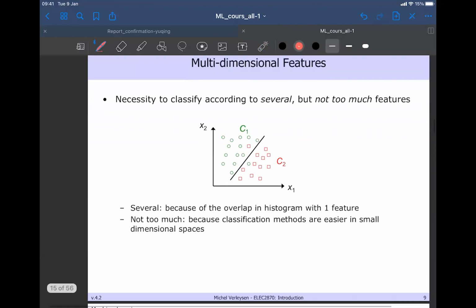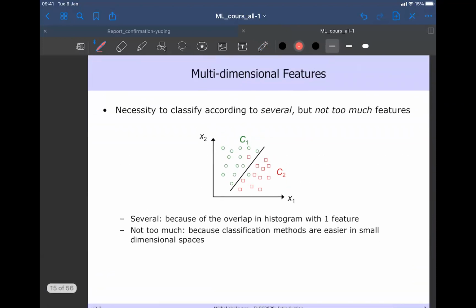Okay, so I've now spoken about the idea of having features, really important to describe the data, and the necessity to have several features to describe what you see. But the idea is also to not have too many features.